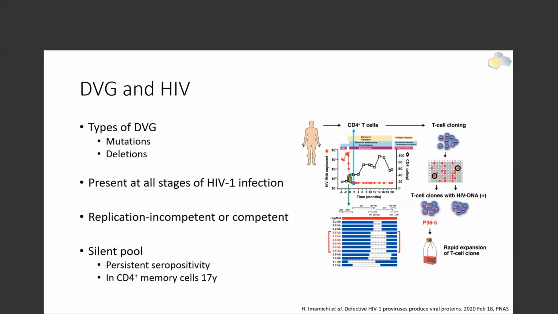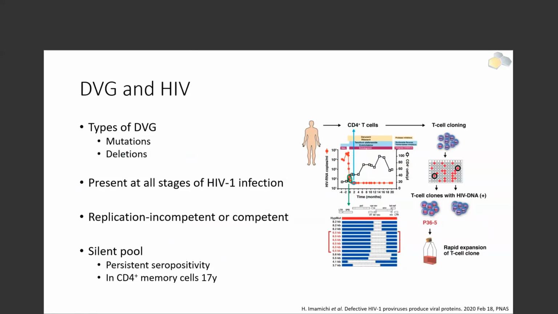And what they've noticed is that these DVGs appear in practically most of the stages of HIV infection, both early and late. And they are of various types. There are single point mutations that create DVGs, and there are deletions, as reported here in this figure. What they observed is that these DVGs are the main reason for some silent pools that are observed in some of the patients.